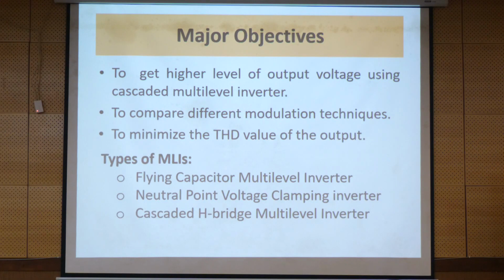The types are: flying capacitor multi-level inverter, neutral point voltage clamping multi-level inverter, and cascaded H-bridge multi-level inverter topology. The formation of these topologies is associated with DC sources, DC link capacitors, active power semiconductor switches, clamping diodes and capacitors. Which among these is more popular?